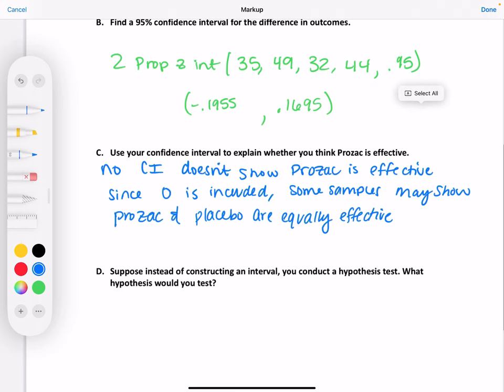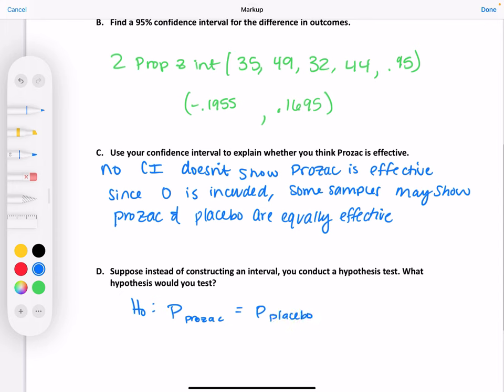So suppose instead of constructing an interval, you conduct a hypothesis test. What hypothesis would you test? So the null would be what? P of Prozac is equal to P of placebo.